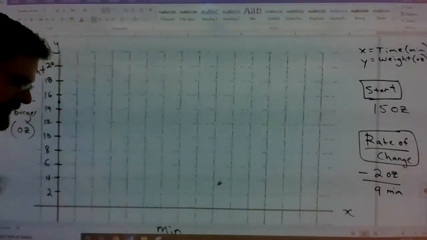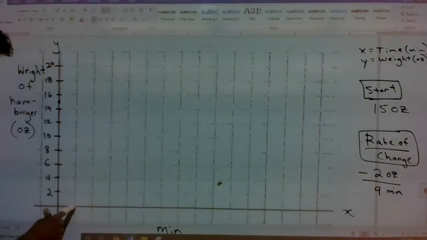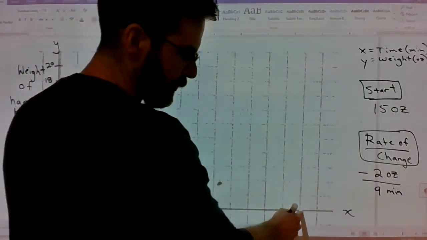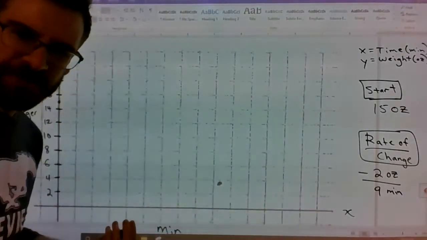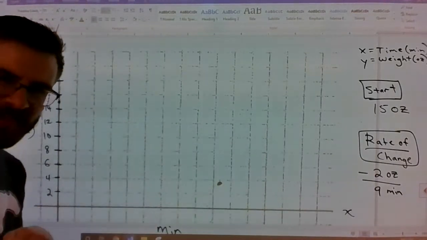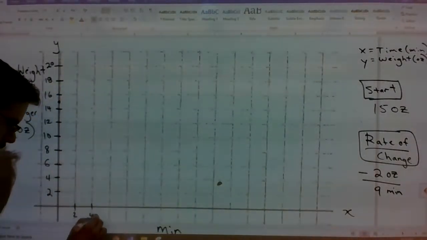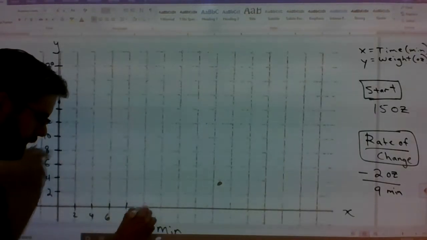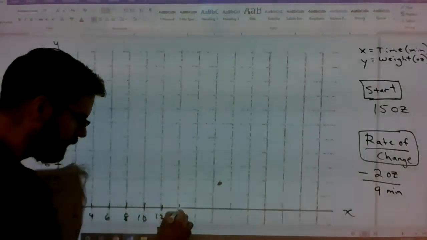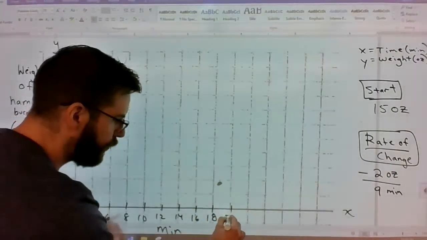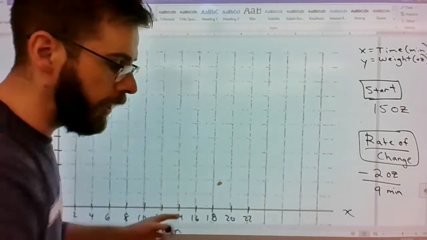Now, on the x-axis, I'm limited to 1, 2, 3, 4, 5, 6, 7, 8, 9, 10, 11, 12, 13, 14, 15, about 16 spots. So I think on the x-axis, I'm also going to go by twos. 12, 14, 16, 18, 20, and so on and so forth.